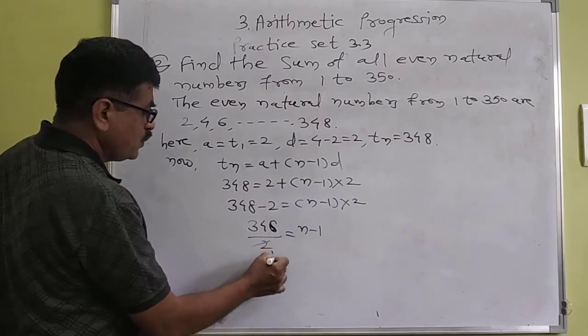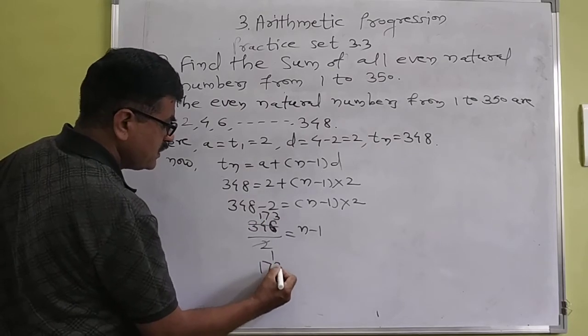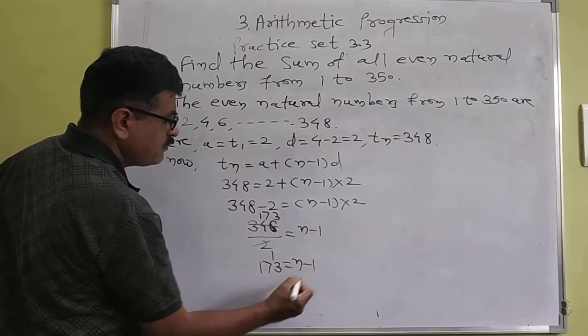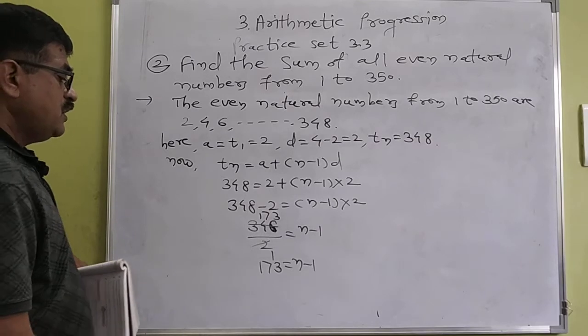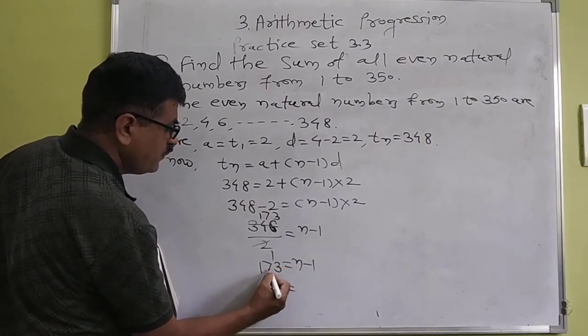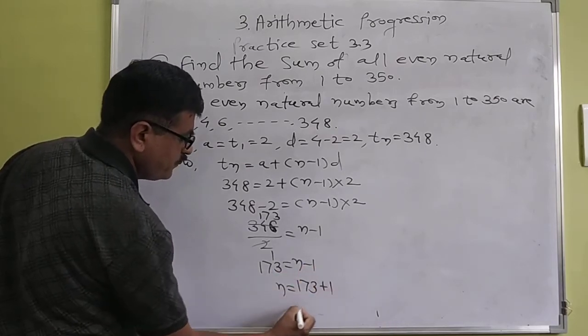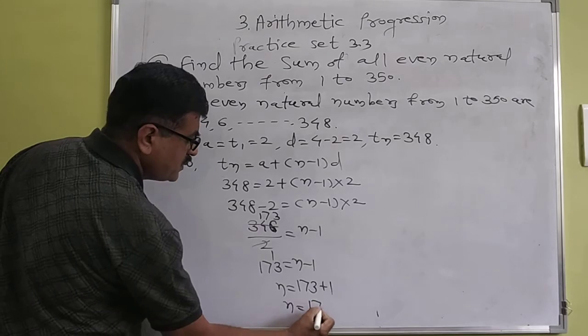Dividing by 2, 173. Therefore 173 is equal to n minus 1. Now we have to find the value of n. Therefore n is equal to 173 plus 1. n is equal to 174.